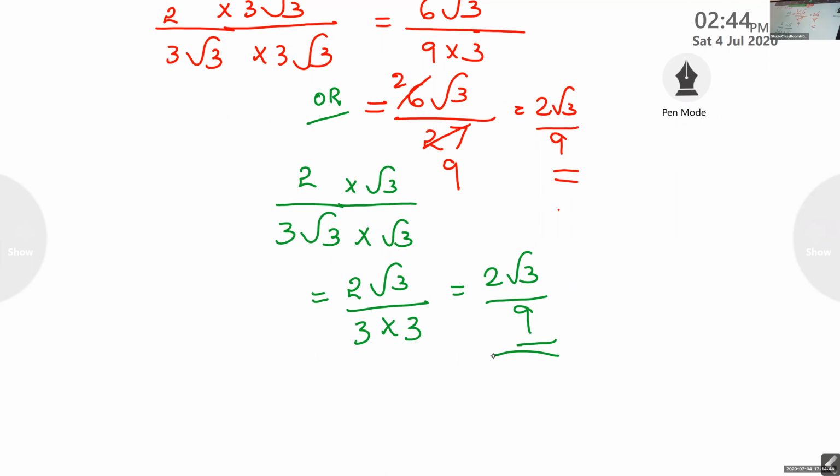You got the same answer. Clear? So sometimes you might think of taking the whole number 3 root 3. No problem, you take 3 root 3 and cancel it at the end. Or if you think of taking only root 3, no problem, that also you will get the same answer without simplification. Clear?